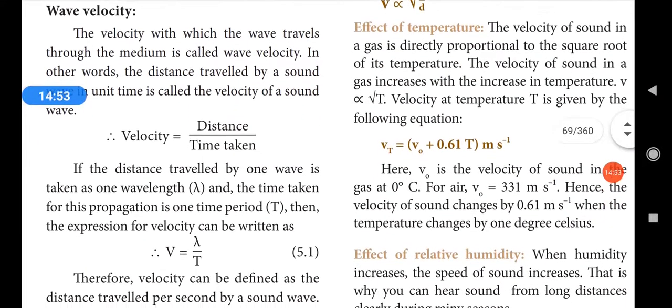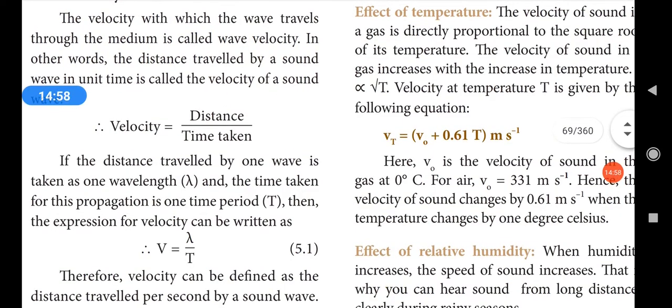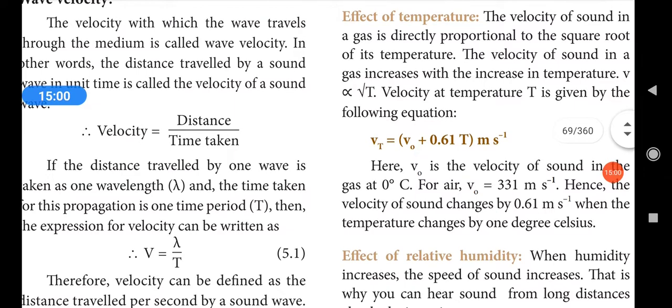Next, effect of temperature. How does temperature affect the velocity of sound in gas? See, the velocity of sound in gas is directly proportional to the square root of its temperature. They are directly proportional to each other. If you heat the gas, at hot condition the sound will travel fast.